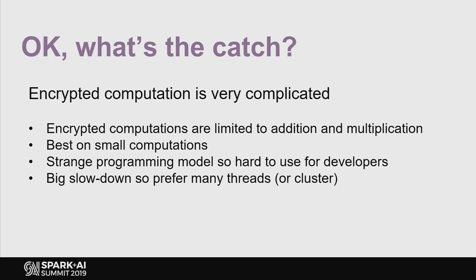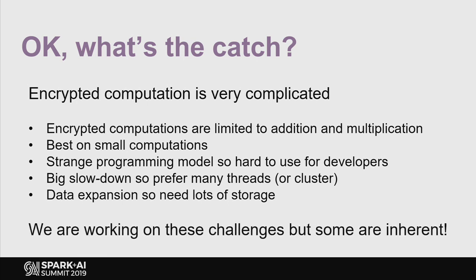You don't have to necessarily encrypt everything, and you wouldn't, because of the performance and data expansion challenge that this technology brings. Encrypted data is also bigger than unencrypted data. Of course, we're working on these challenges, and there's constantly improvement and new development in this field.